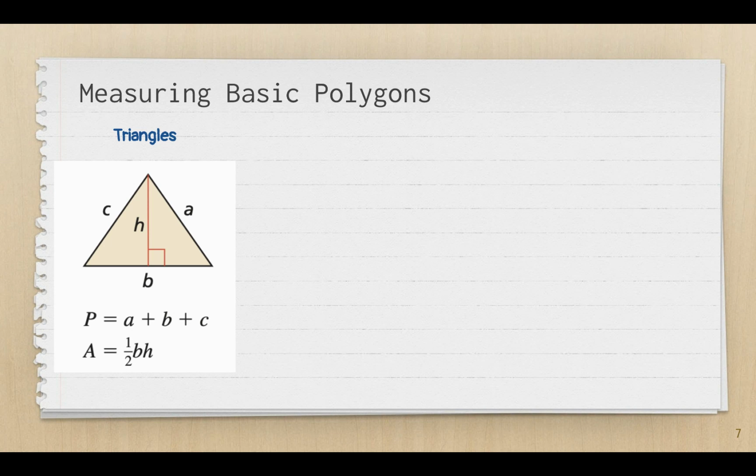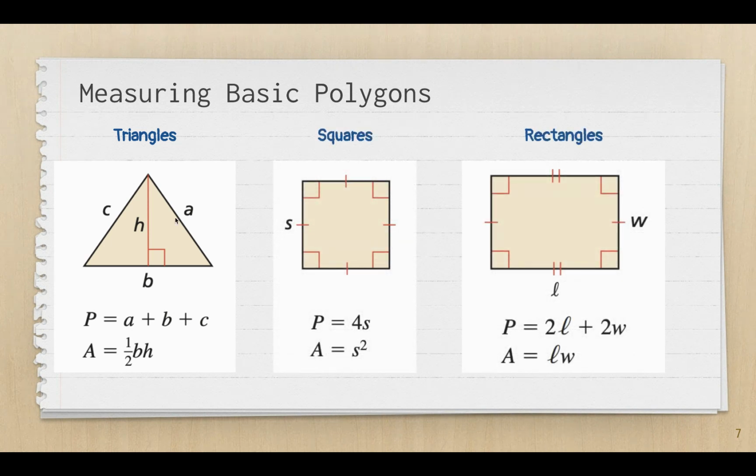But right now, we're just going to stick to triangles, squares, and rectangles. For triangles, the perimeter is just a plus b plus c. The area is 1/2 base times height. If you choose b as the base, that's fine. You can choose a, b, or c, but the height has to be perpendicular to whichever side you choose as the base.